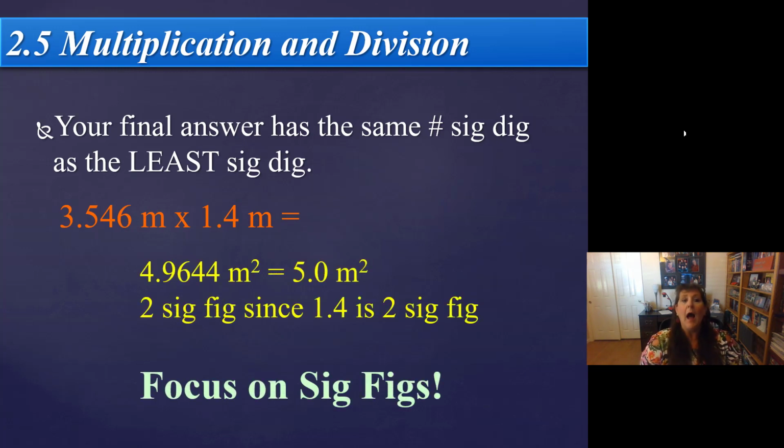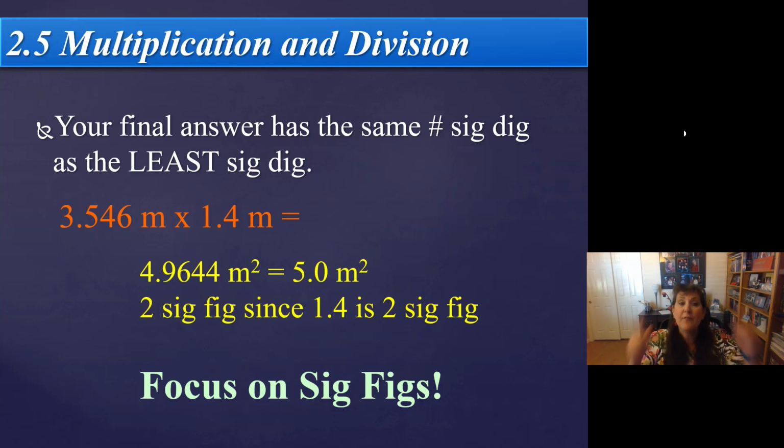So I'm going to have to round that 4.9644 to 2 sig figs, which happens to be 5.0. Also look at the units. Meters times meters is meters squared. So final answer, 5.0 meters squared. 2 sig figs, since 1.4 in the problem is 2 sig figs.